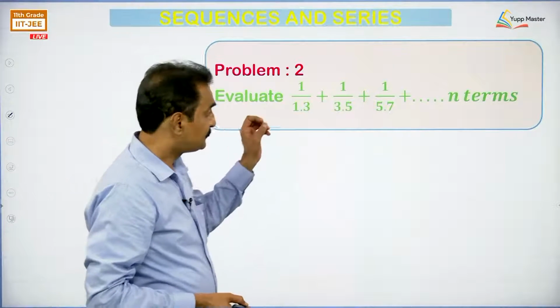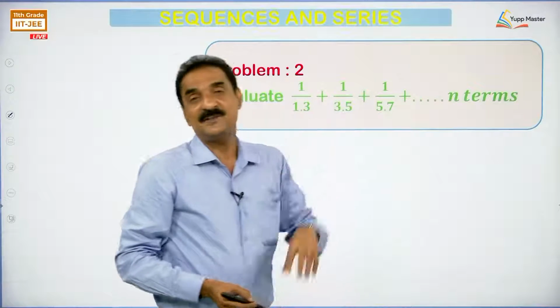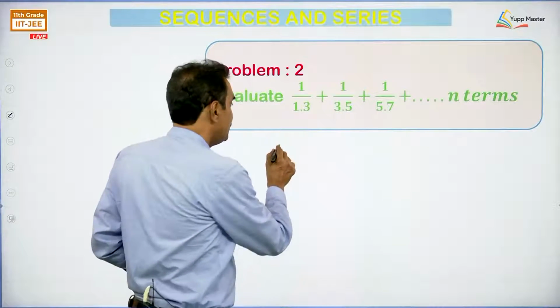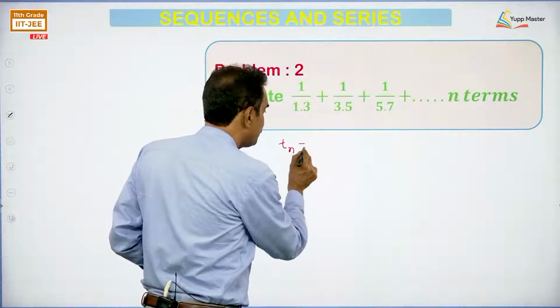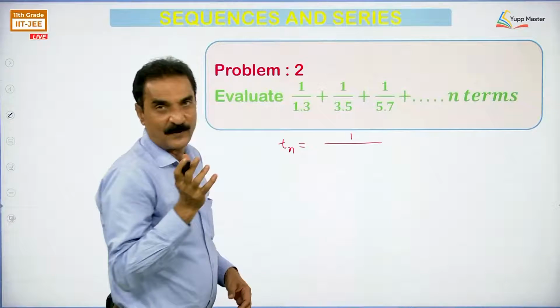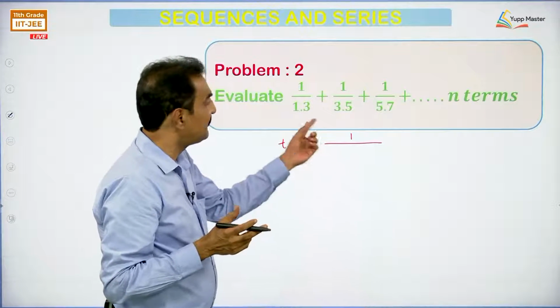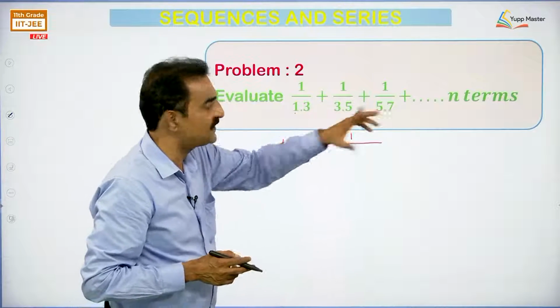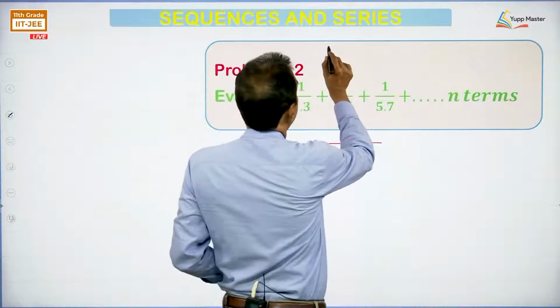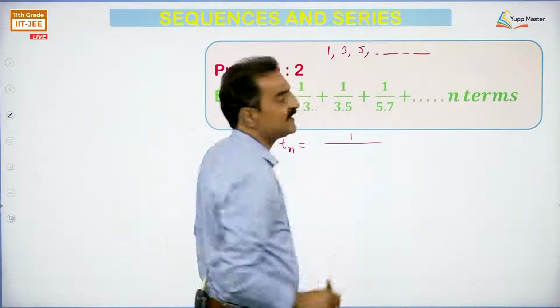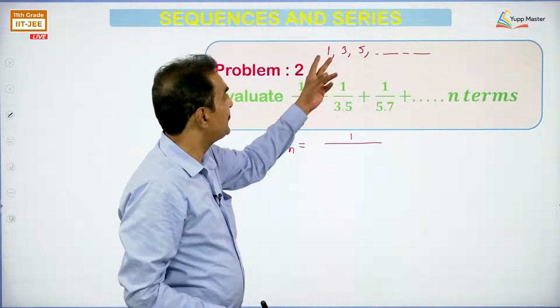Now, the nth term is not given, so first we should find the nth term. Tn is equal to, in the denominator we will have two factors. The first factor will be the nth term of this AP 1, 3, 5 and so on. In the AP 1, 3, 5 and so on, what is the nth term? Common difference is 2.